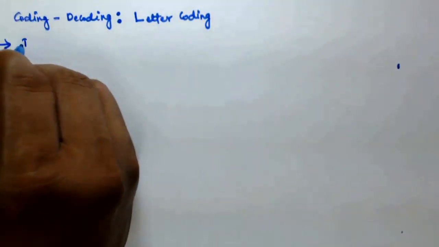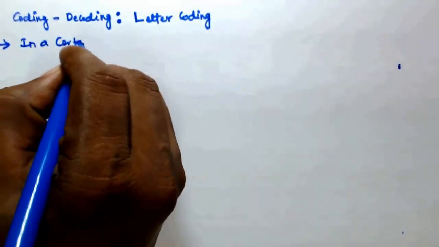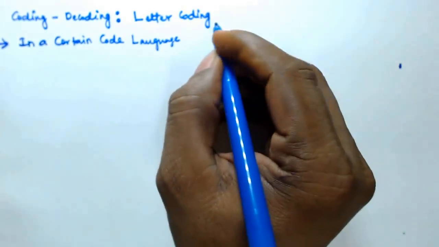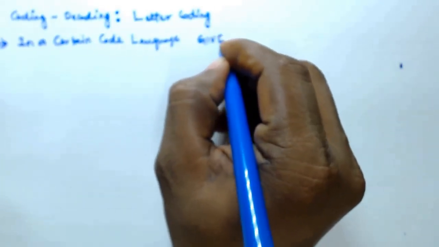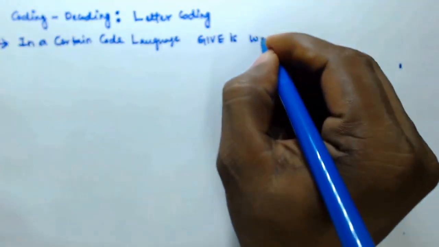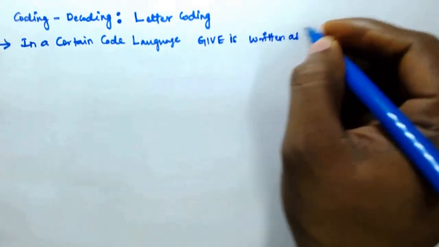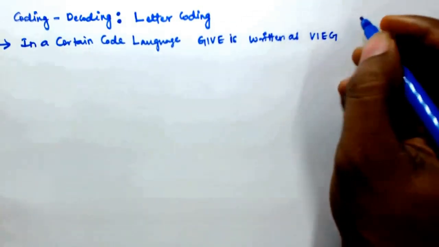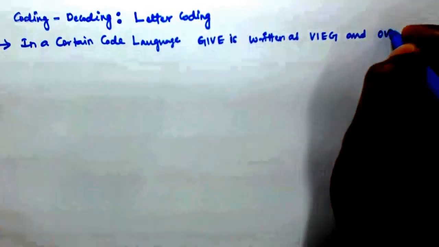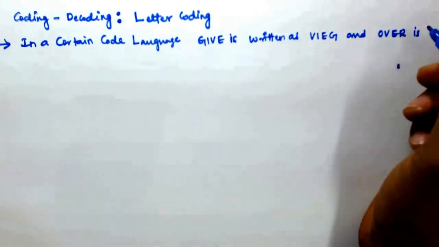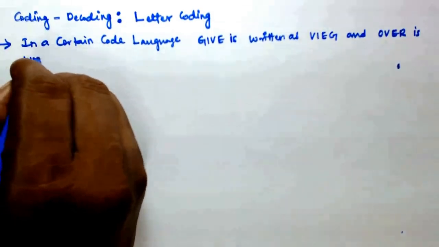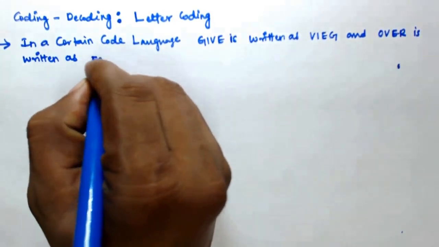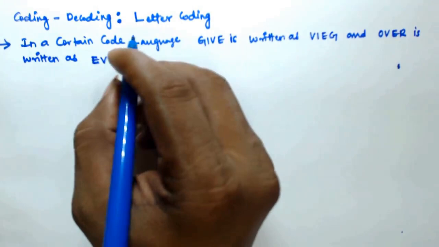In a certain code language, GIVE is written as VIEG, and OVER is written as EVRO.